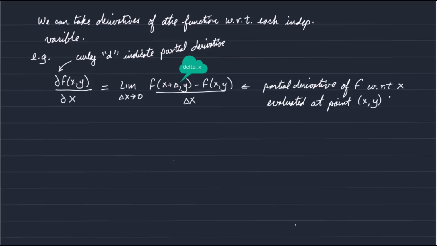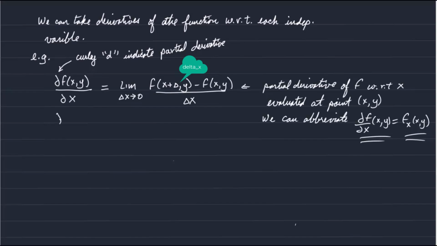We can also abbreviate this as follows. We can abbreviate partial f with respect to x evaluated at point x and y as f sub x evaluated at point x and y. So these are equivalent symbols. This is just a slightly shorter way of writing it.